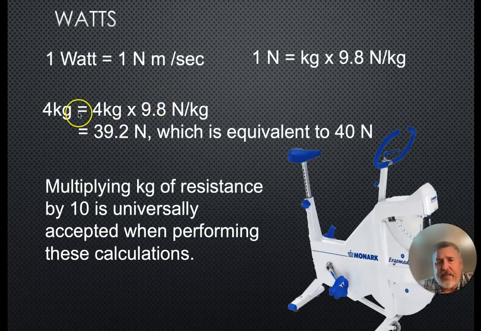Multiplying kilograms of resistance by 10 is universally accepted when you're performing these calculations. So in exercise physiology lab, if you have 3.5 kilograms of resistance, that's just going to be 35 newtons. In our example, we have 4 kilograms of resistance, so that's just going to be 40 newtons.